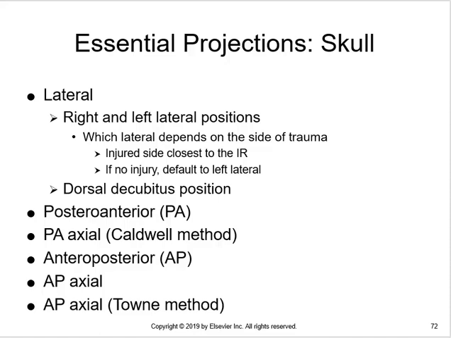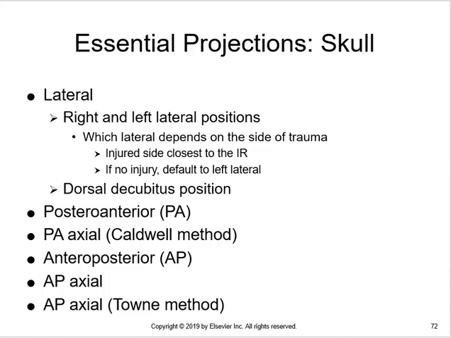PA over and over again. PA, we'll use PA axial, which is also referred to as the general survey view, which is just PA positioning with caudal angulation. AP axial is a reverse of PA axial, and sometimes it's referred to as reverse Caldwell.